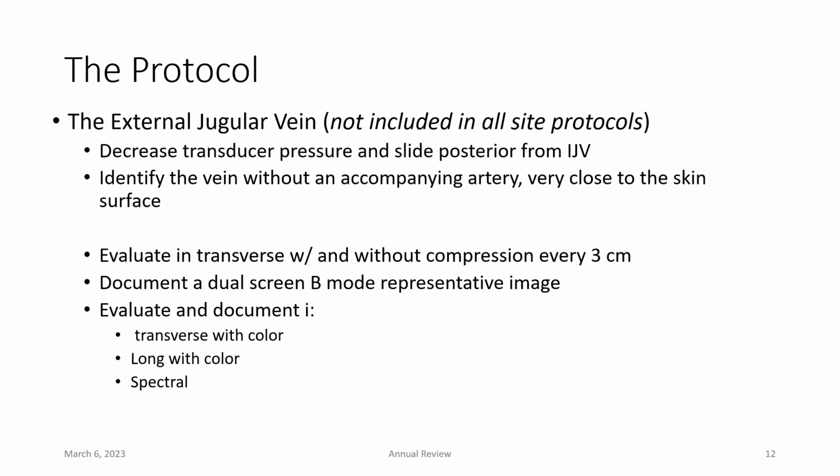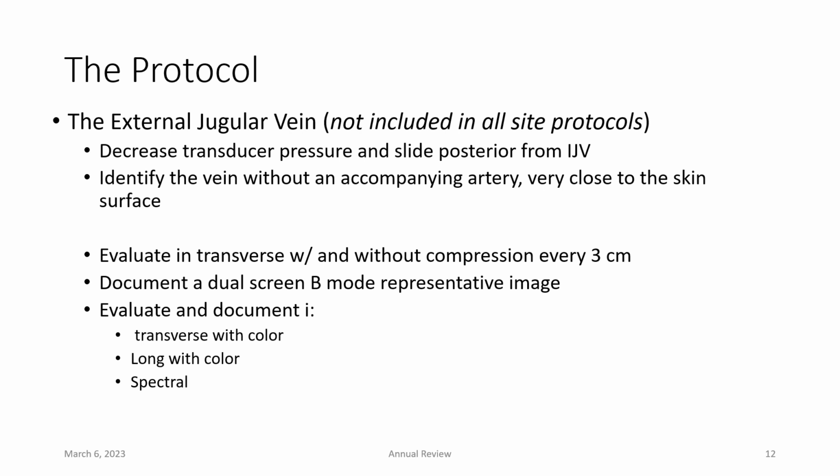You're able to identify this external jugular vein as a vein that has no accompanying artery. So if it's right next to that common carotid, that gives you your heads up that you're in the internal jugular vein. This one's also very close to the skin surface, and so it can be easily compressed without intention, so make sure that you're using a very light hand on this.